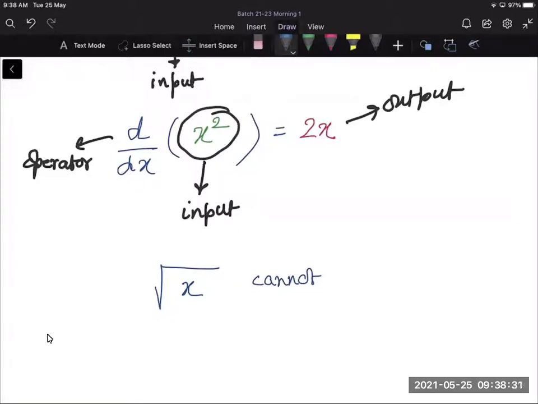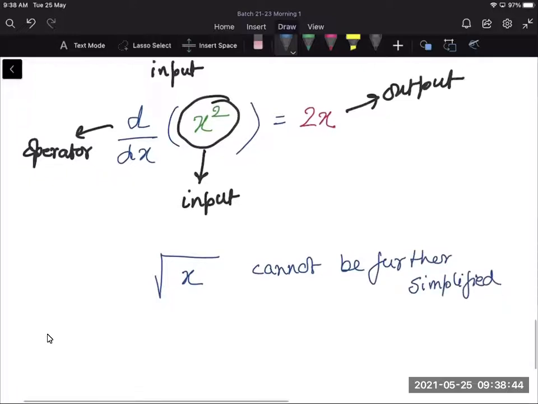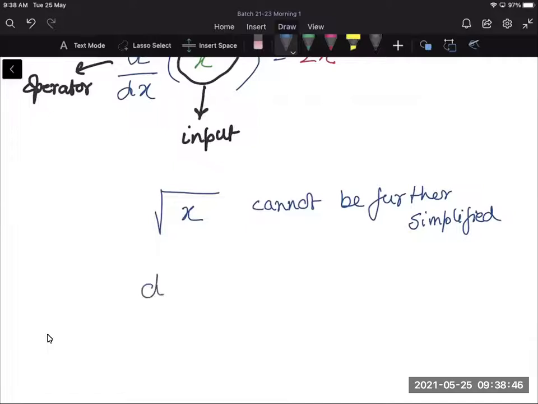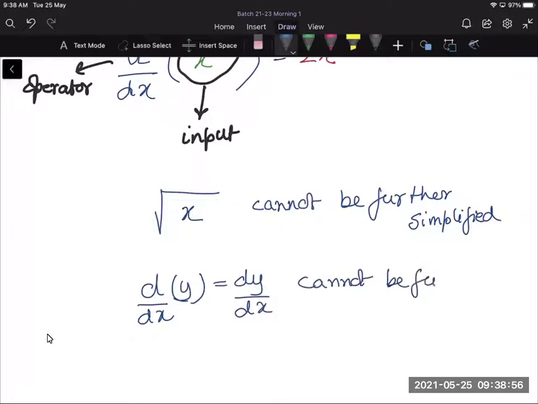You're not solving it, you're not further simplifying. So in the same way, d by dx of y will be dy by dx, which cannot be further simplified.